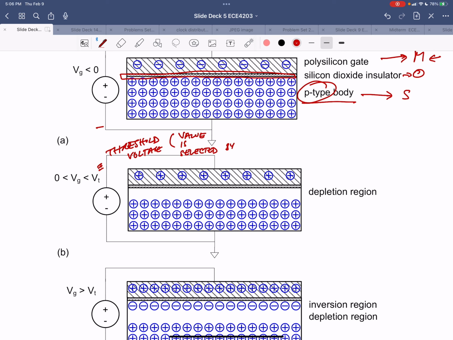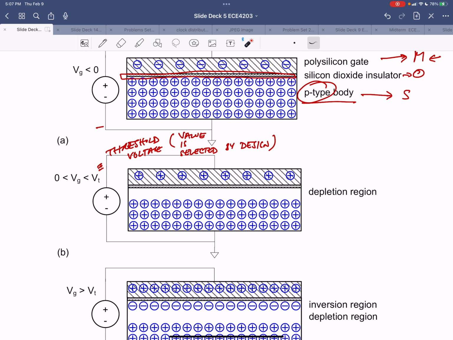So V sub t can be 300 millivolts, it can be 500 millivolts, depending on the doping concentration under the gate. As you put positive voltages, positive charges on the gate, you'll have an electric field here, and they'll start repelling the positive charges in the substrate.